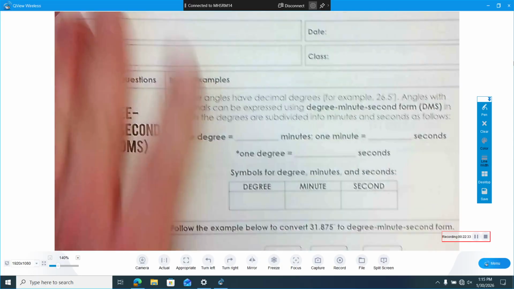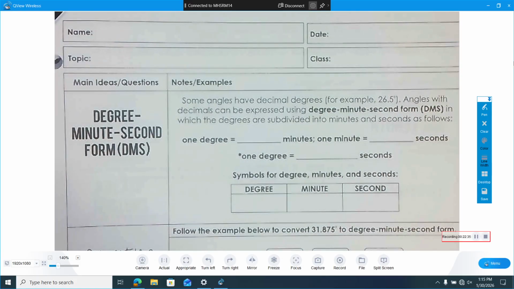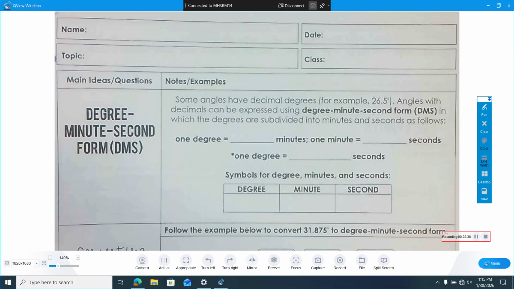Because degrees are so inaccurate, they decided they needed to subdivide them so they could be more accurate, so that they didn't wind up 500 miles off course in their travels in their boats. And so they subdivided degrees into minutes and seconds.